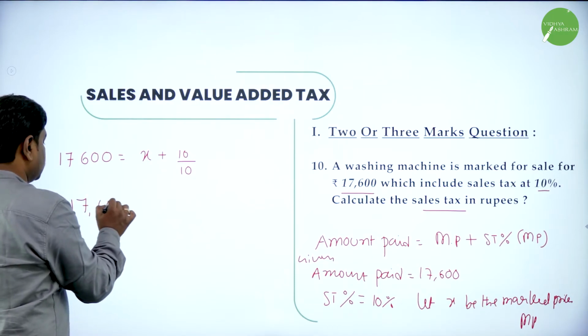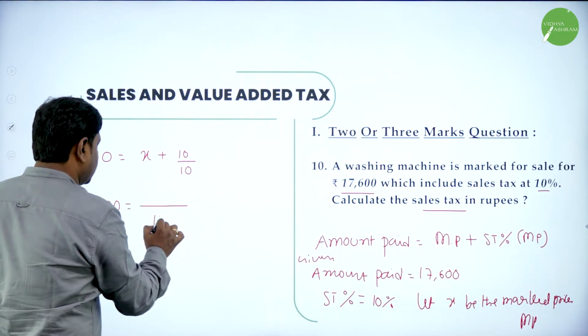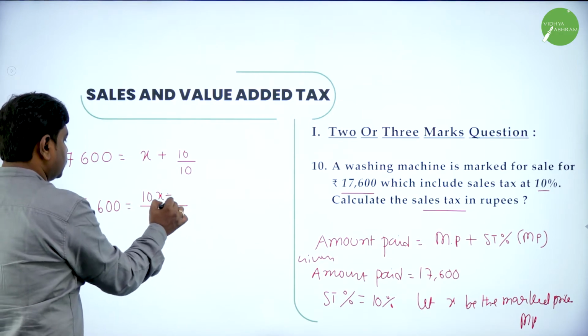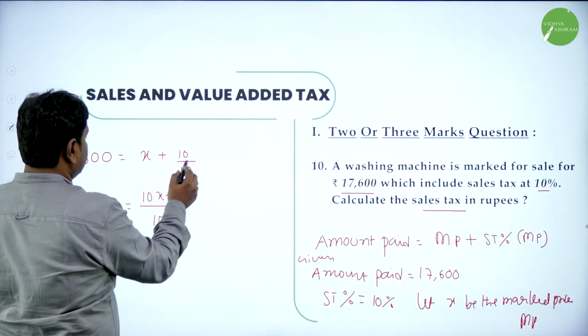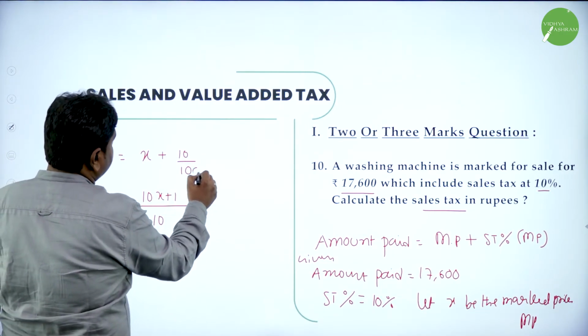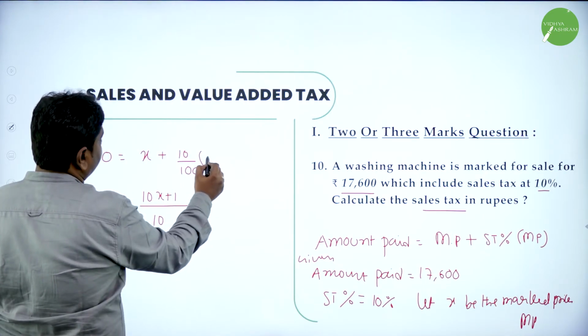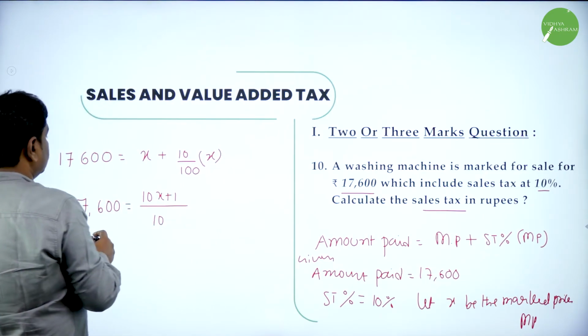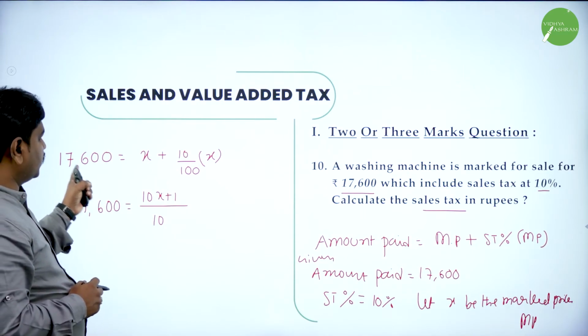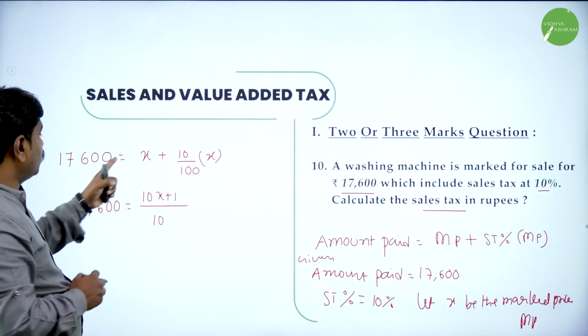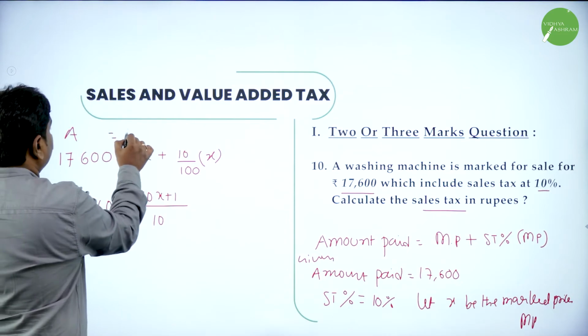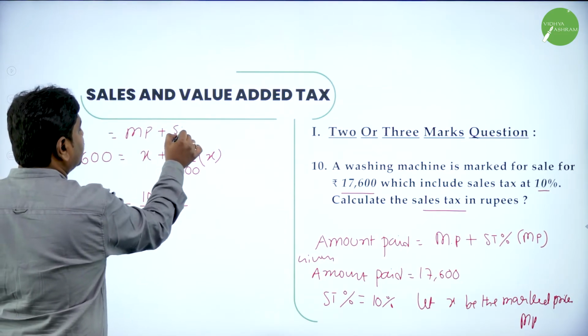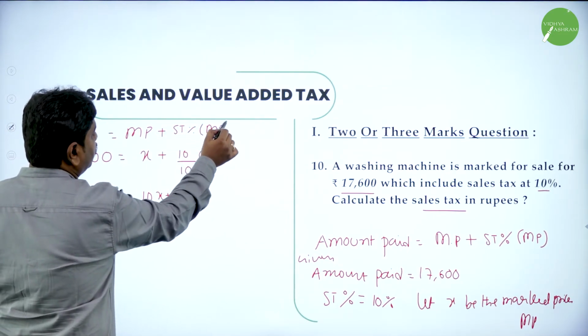Now 17,600 is equal to market price plus sale tax percent of market price, which is the formula I am using.